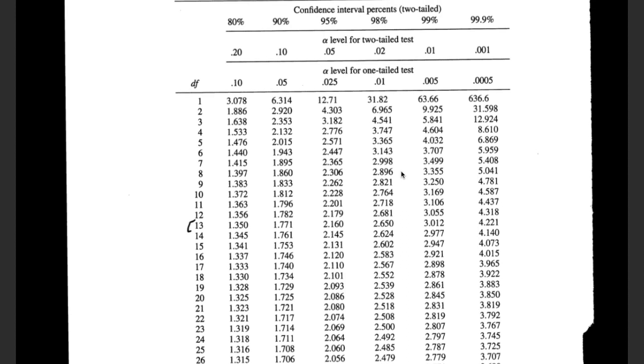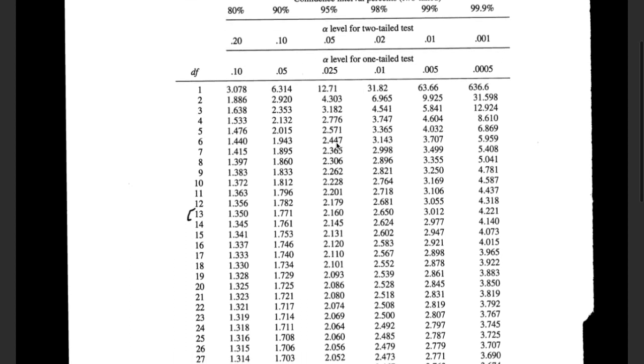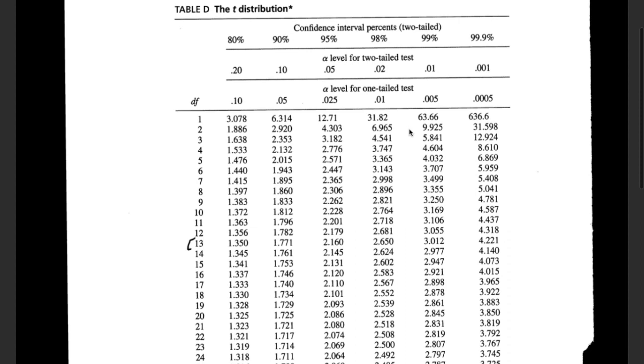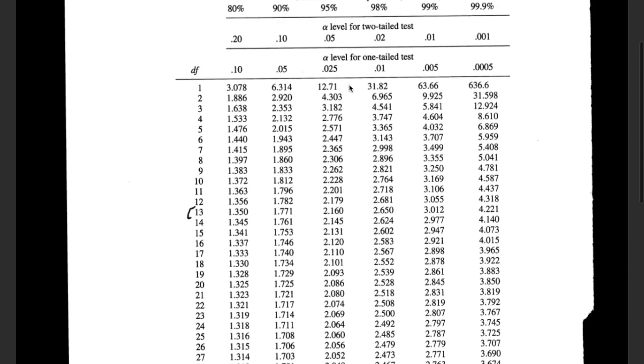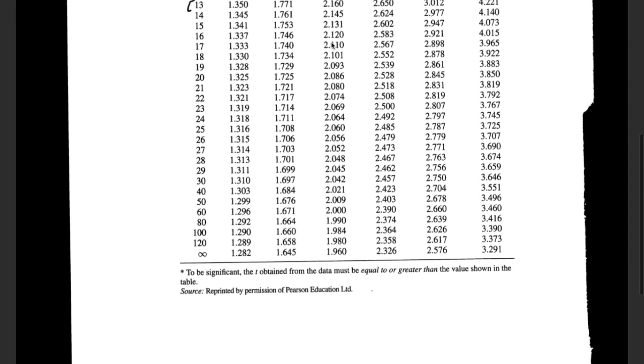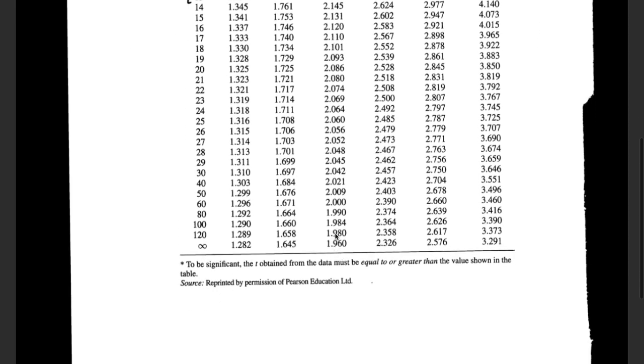Okay, what if we had 4 degrees of freedom? What would our critical value be? Alpha 0.05, two-tailed test. And I said 4 degrees of freedom, so our critical value would be 2.776. Let's do one more example. What if our degrees of freedom were 500? Okay, alpha 0.05, two-tailed test. Let's try to find 500.